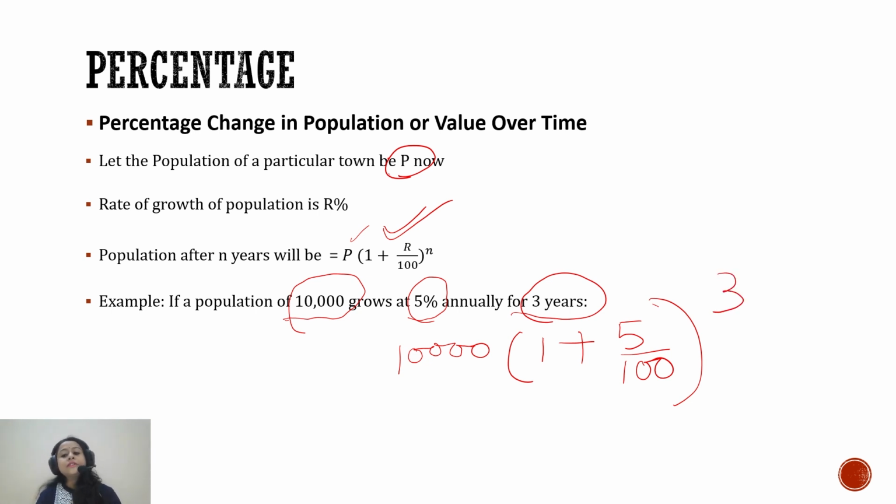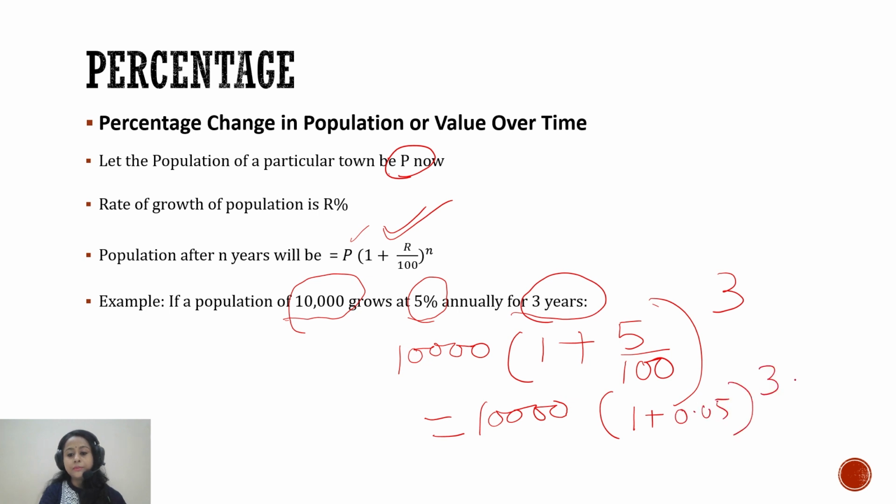So this will give you the population after 3 years. Okay, so we will just simplify it. You already know how to simplify it, right? 10,000 into 1 plus, since 5 by 100 is 0.05, to the power 3, and by simplifying we will get 1.05 to the power 3.